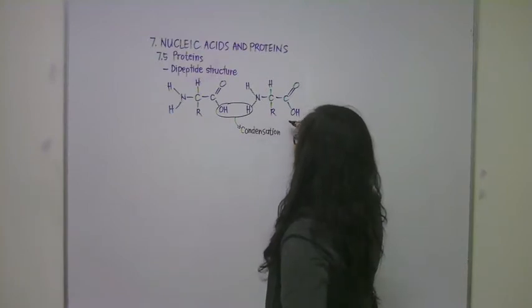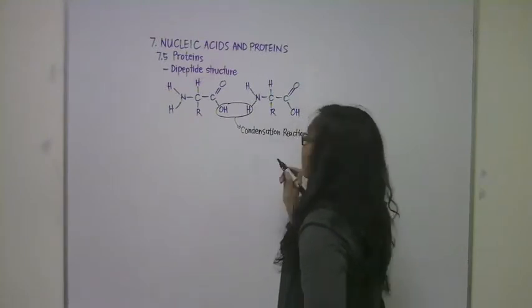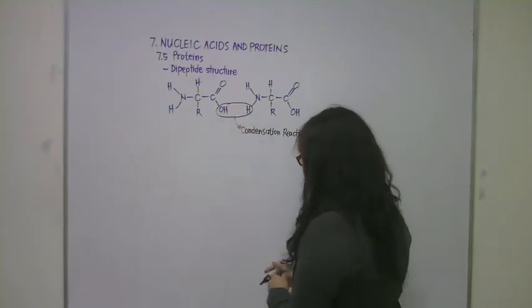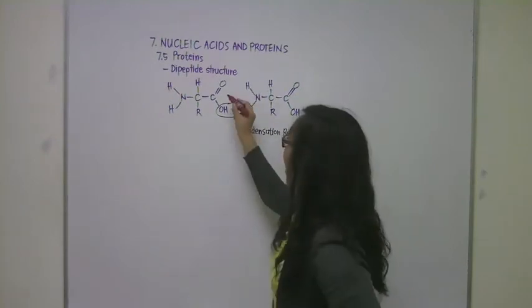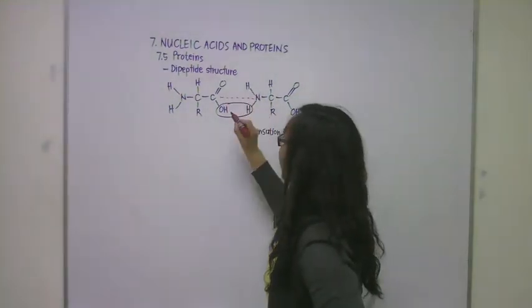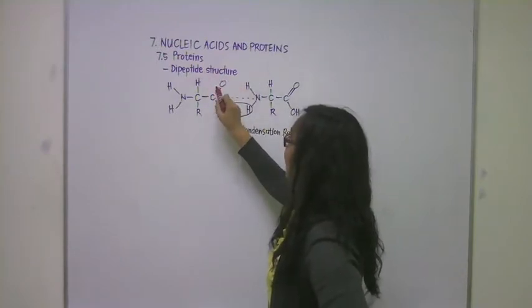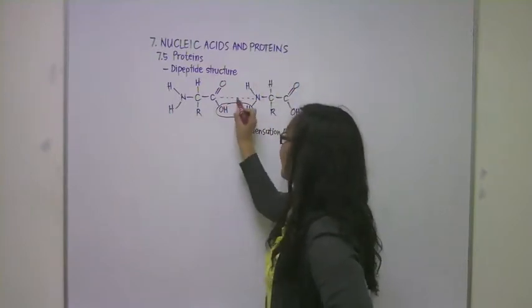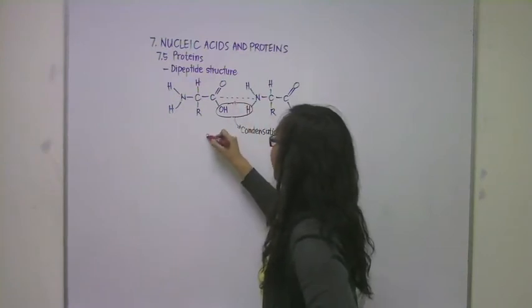meaning a bigger molecule is going to be built by removing a water molecule. We are able to remove a water molecule here. As a result, we form a bond between the structures, the carbon double bonded to O and nitrogen bonded to H. The bond present between them is known as the peptide linkage.